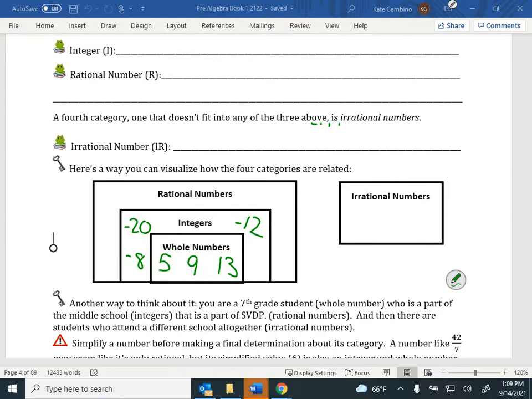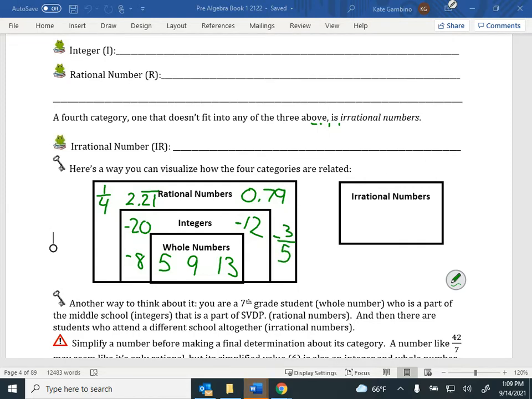The rational numbers, we can have those fractions. We can have a repeating decimal. We can have just a decimal that ends. It can be negative fractions.